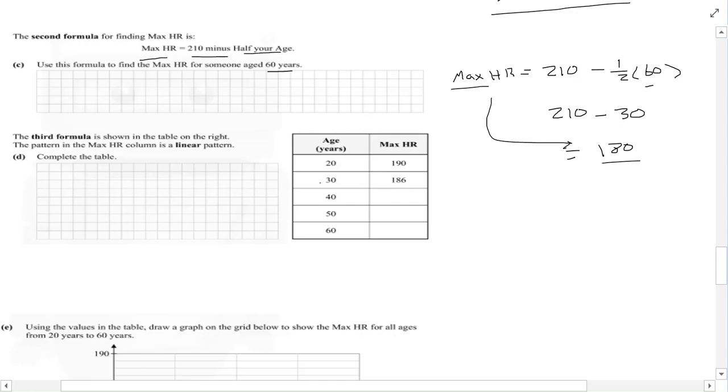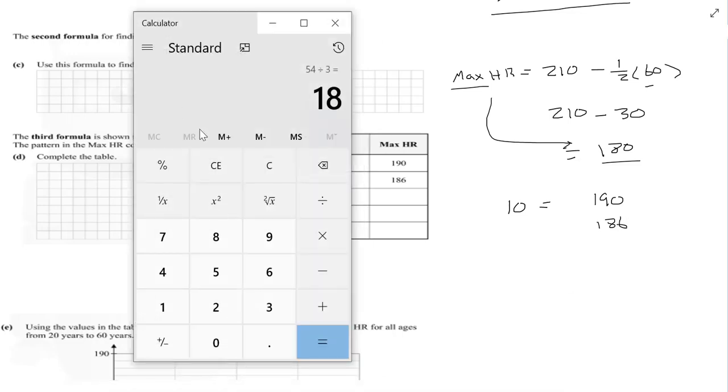So if we think about the difference between these two, the difference between them is 4. So we take 190 minus 186.